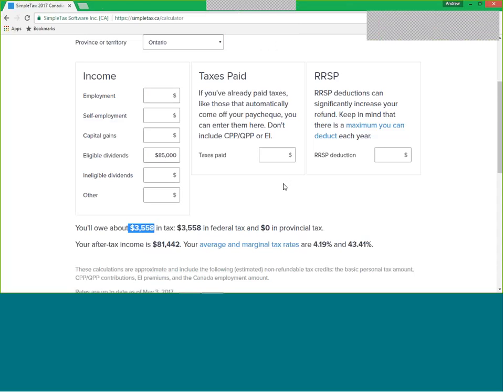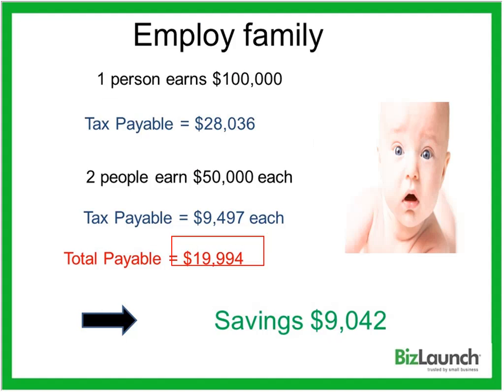So my corporation paid $15,000, and I paid $3,558. So in total, we paid $18,000 instead of $28,000. So that's the big advantage of taking dividends rather than a salary. So if you've heard business owners saying that, I'd rather take a dividend than a salary, that's what they're talking about.